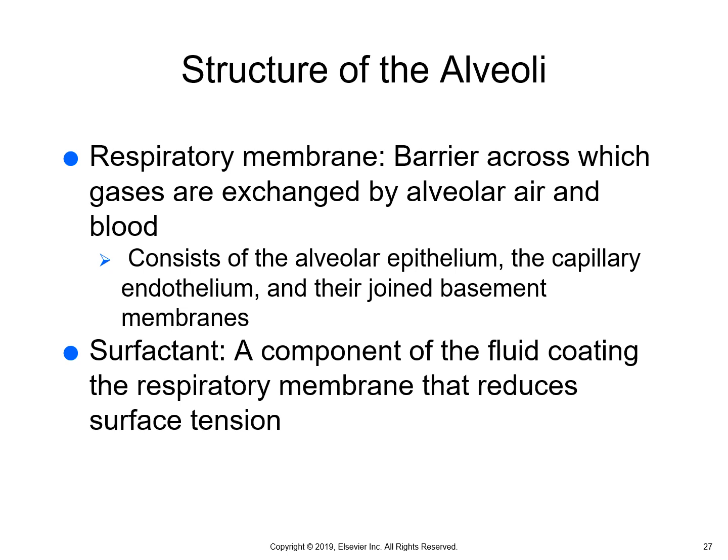for easy gas diffusion. We also have the capillary endothelium, the inner lining of the blood vessels surrounding the alveolus, and then we have the joined basement membrane. Those are thin layers that fuse the alveolar and the capillary walls. Basically, it reduces the distance that the gases need to travel.